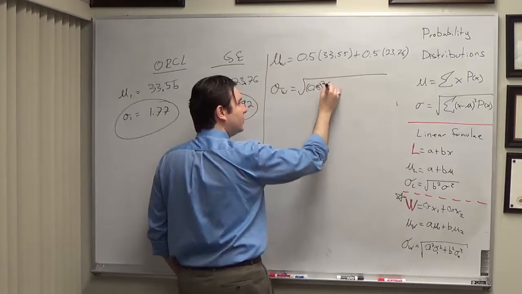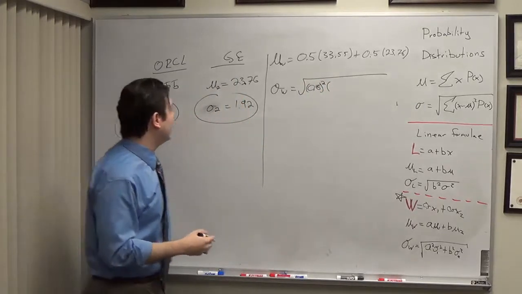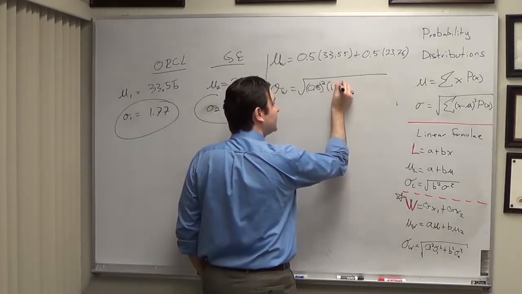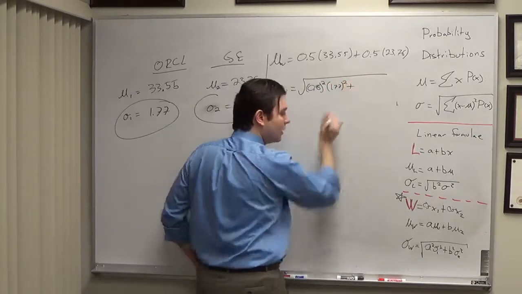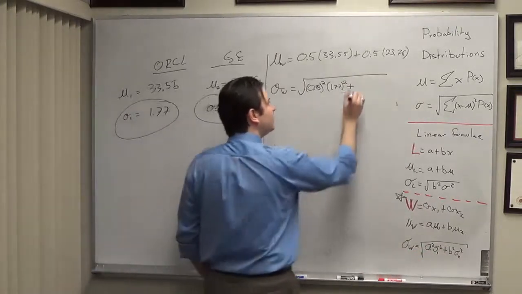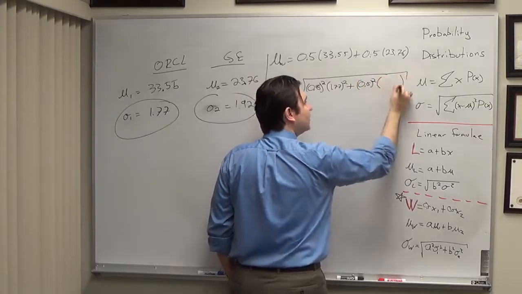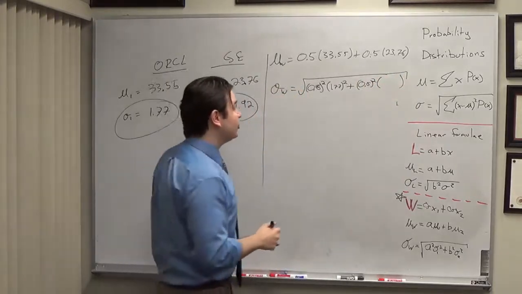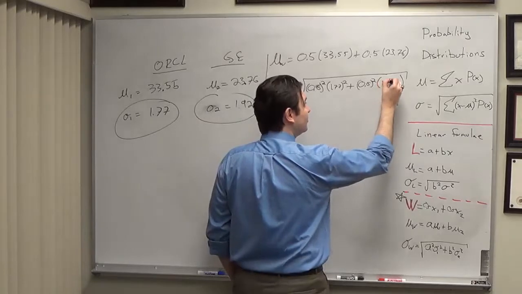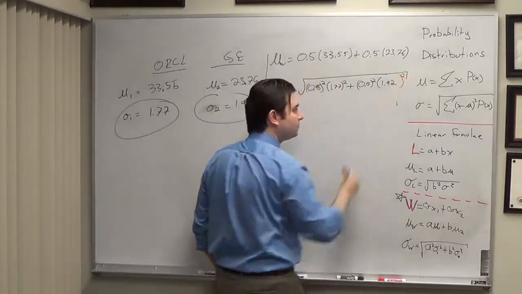I'm squaring that, and I multiply that by the standard deviation of Oracle squared, which is its variance, 1.77 squared. Plus, again, I grab the amount of GE stock I'm picking, 0.5, square that, times how much its deviation was, 1.92, and square that.